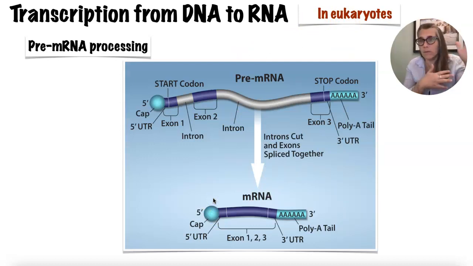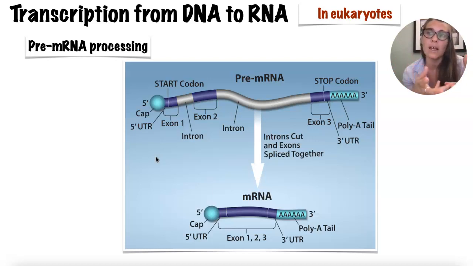So then, I'm not going to go over again the steps of transcription because they're the same, so it would be redundant. But we do want to look at this processing because, as we said, at the end of transcription in eukaryotes, our RNA is not ready. It's called pre-mRNA. It's not mature yet. So what is going to happen is that we're going to protect our RNA, which needs to leave the nucleus and go into the cytoplasm.